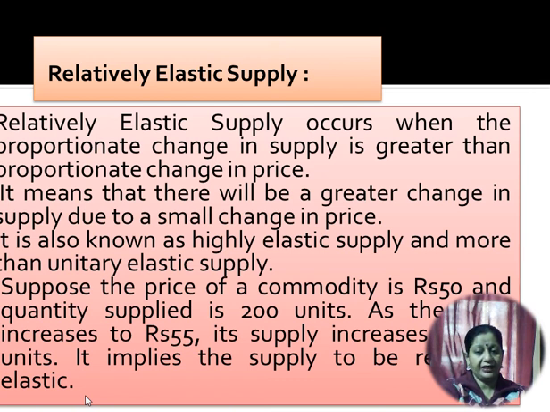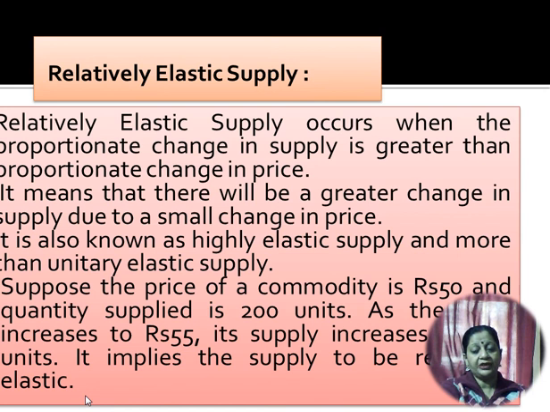Before this, we talked about the equality between the proportionate change in price and proportionate change in supply. When the ratio is equal, it is unitary. And relatively elastic supply is when the proportionate change in supply is more than the proportionate change in price of the commodity, so that situation is known as the relatively elastic supply. It means that there will be a greater change in supply due to a small change in price.